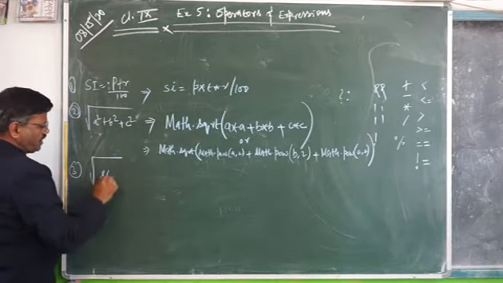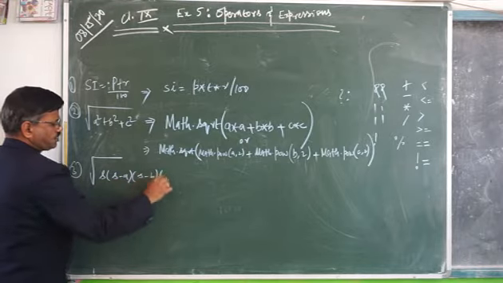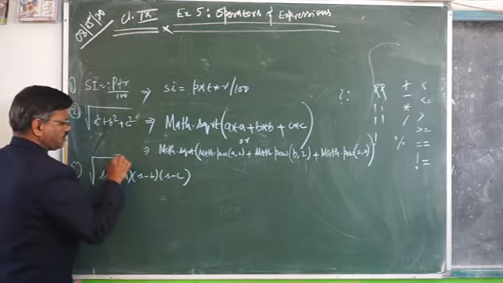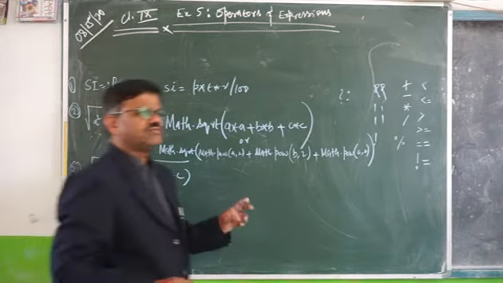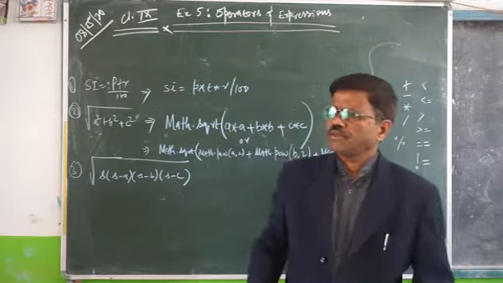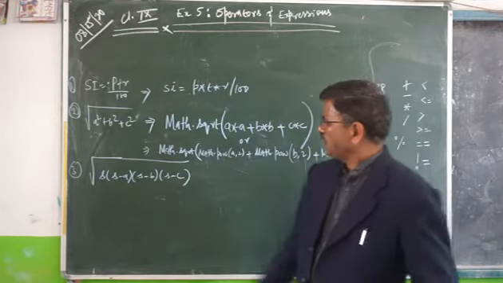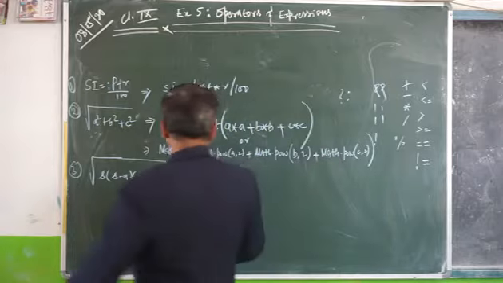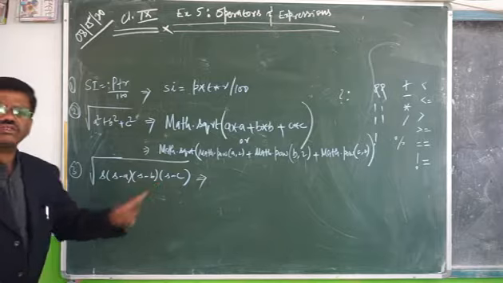Square root of s into s minus a into s minus b into s minus c. This is the formula to compute the area of a triangle. How do you do it? The whole lot is in the square root.